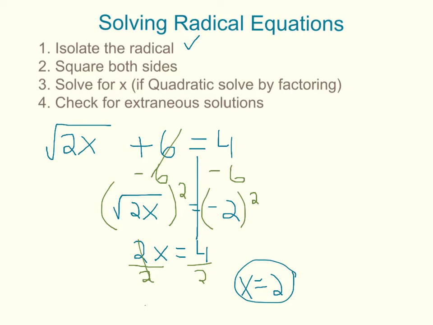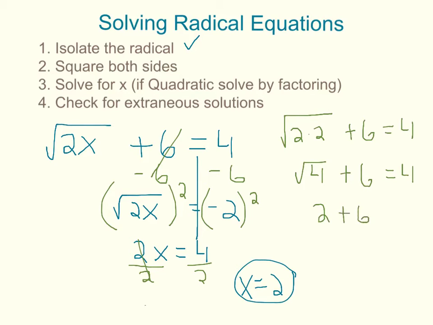So when you plug it back in, let's look at the square root of 2 times 2 plus 6 equals 4. So 2 times 2 is 4. The square root of 4 plus 6 equals 4, which doesn't make sense because 2 plus 6 does not equal 4.